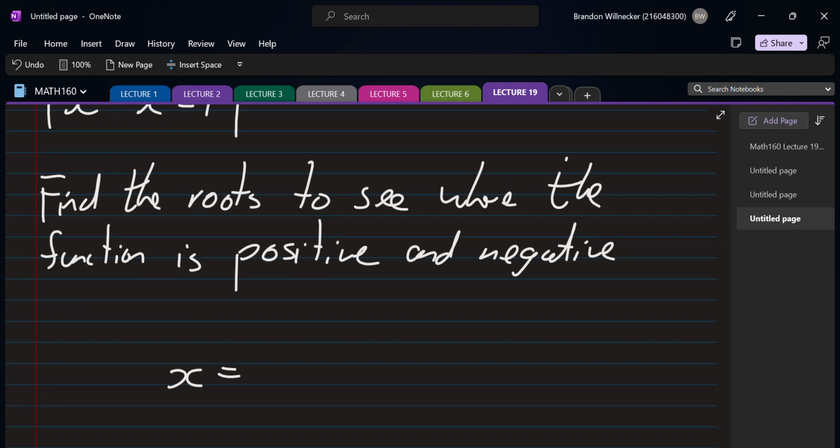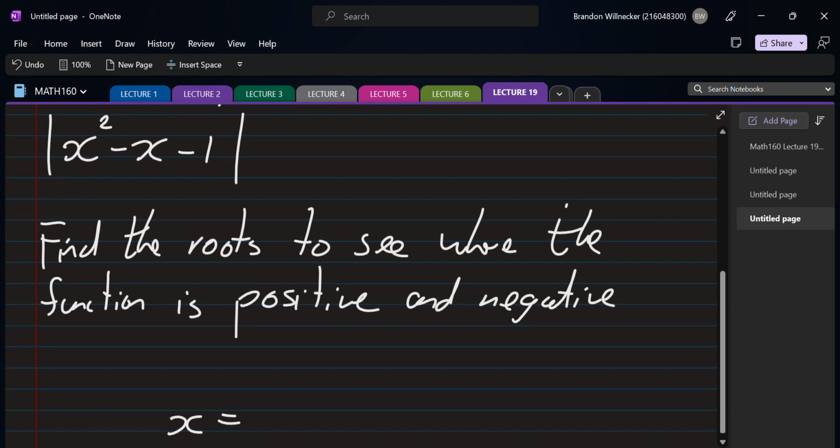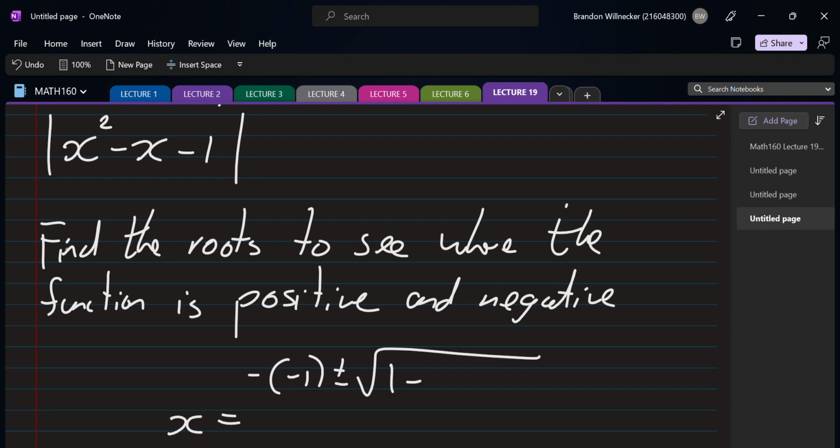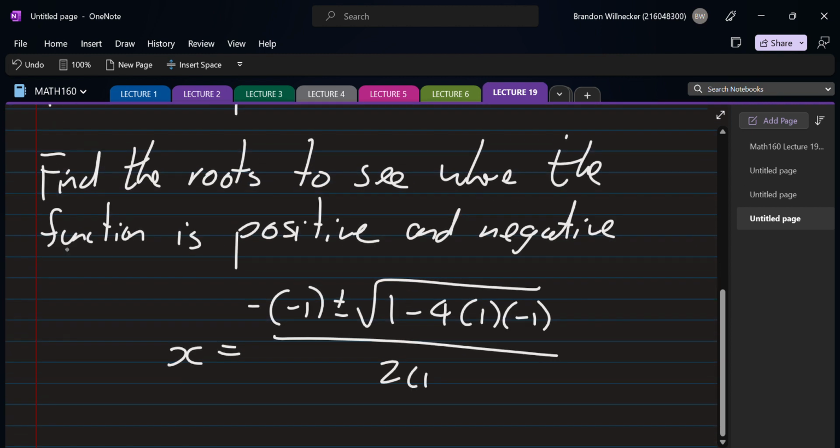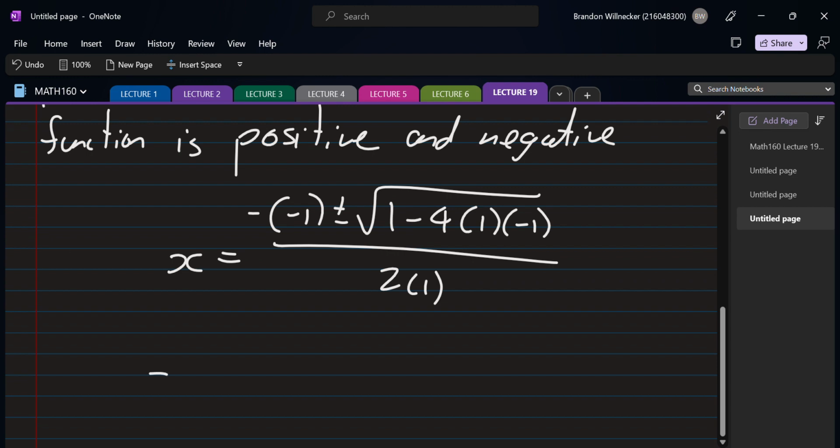So x is going to be equal to minus b plus minus square root b squared minus 4ac all over 2a. Okay, a is just 1. Okay, so x is going to be 1 plus or minus root.